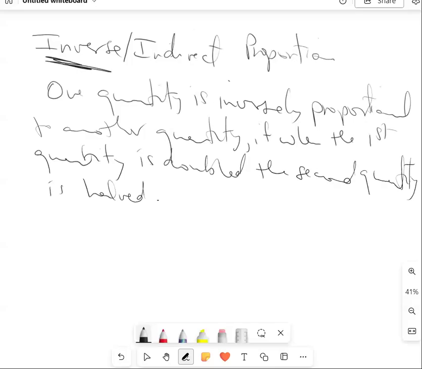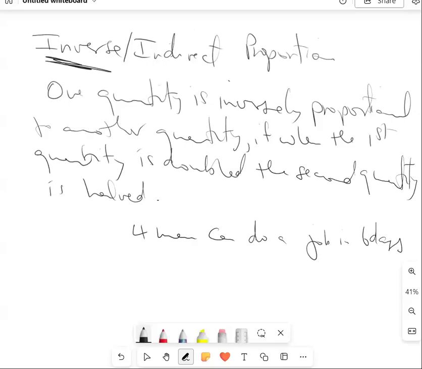So let me give you an example to bring this up. Too many words, right? So let's just say 4 men can do a job in, let's say, 6 days, right? So 4 men can do a job in 6 days.